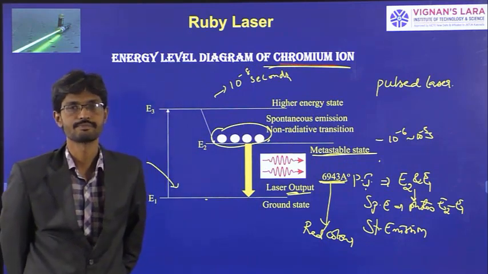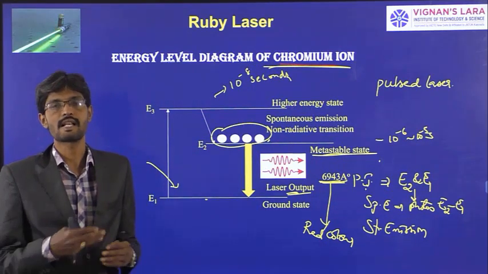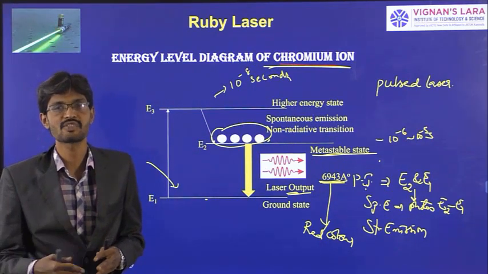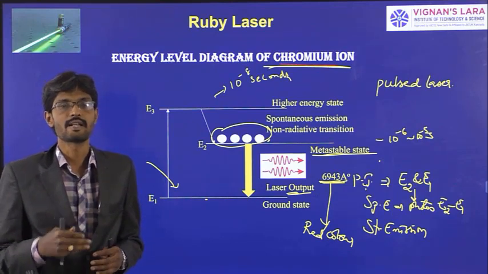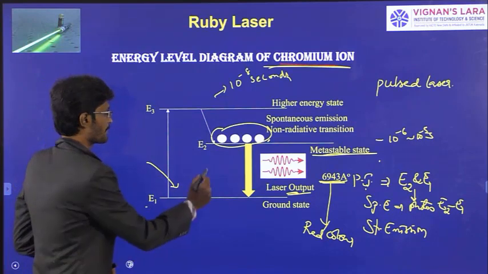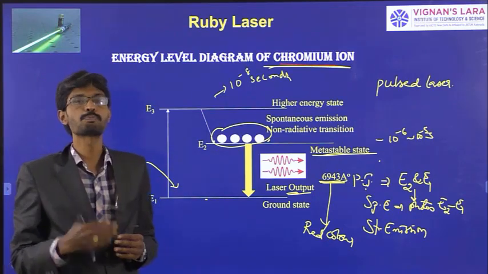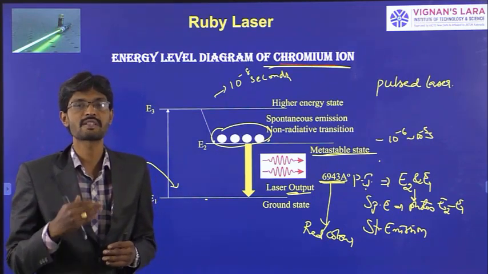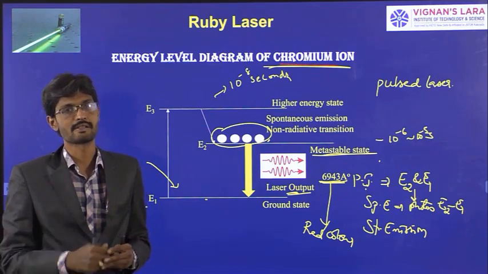Also, as we discussed in the last session while discussing pumping schemes, when a laser is produced by a 3-level pumping scheme, as it is here, the output of the laser will be pulsed.